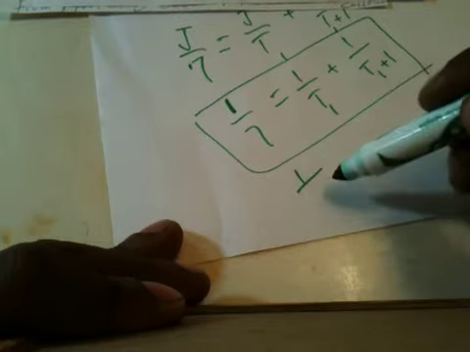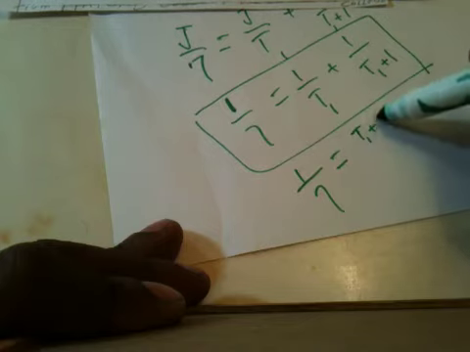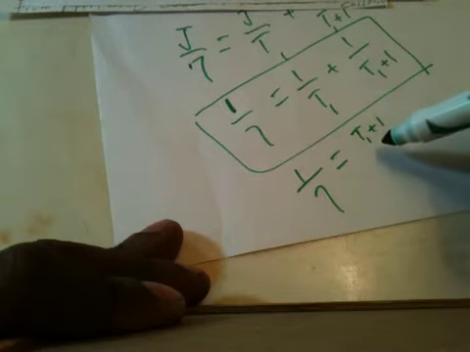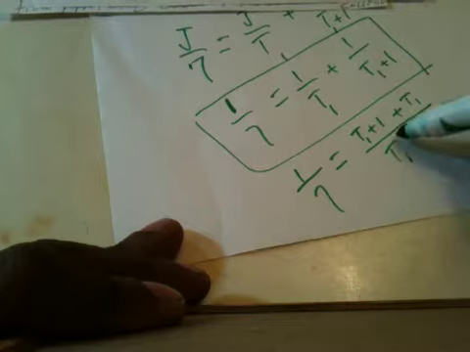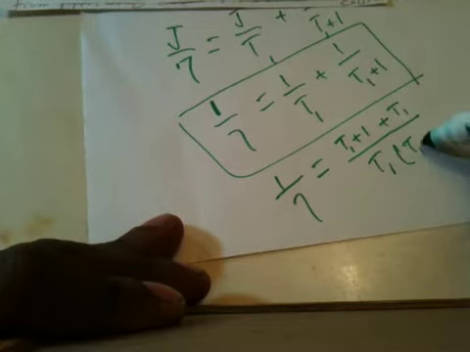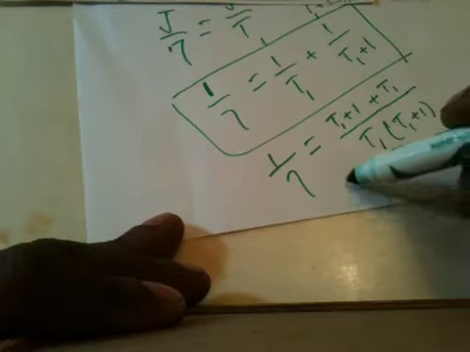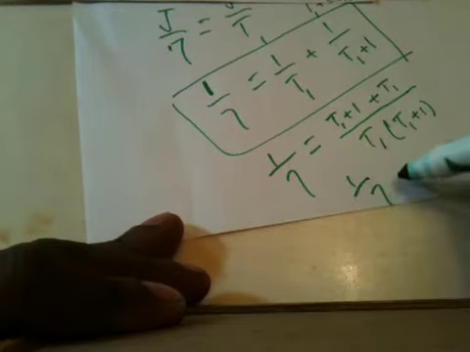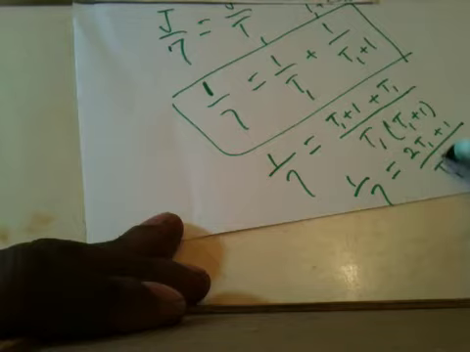So I have 1 over 7 is equal to T1 plus 1 plus T1 over T1 plus 1. So there I have 1 over 7 is equal to 2T1 plus 1 over T1 square plus T1.